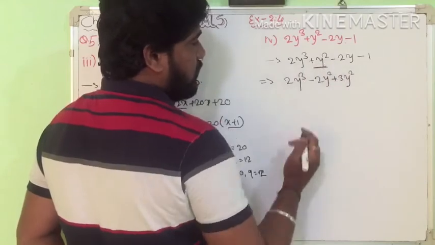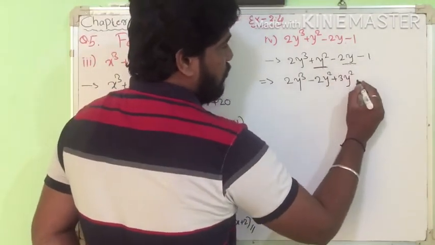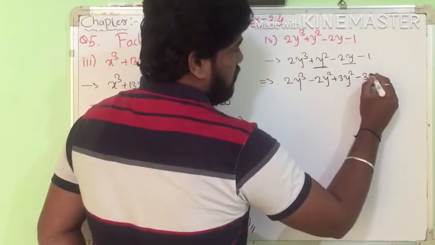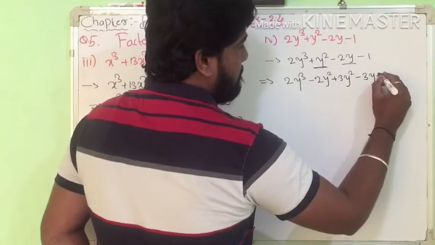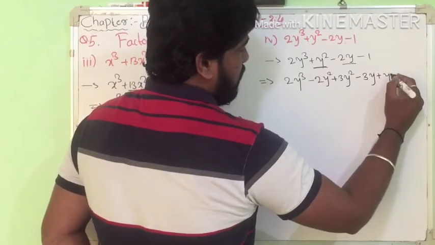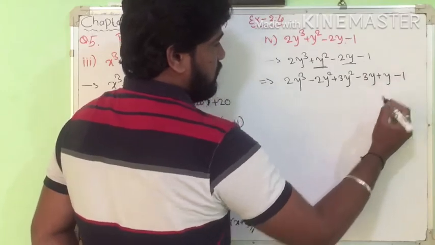So make here plus y square is the next. So this 2y we can write 3y plus y. So we got minus y and minus 1 as it is.